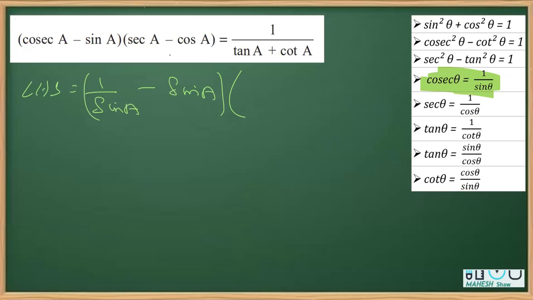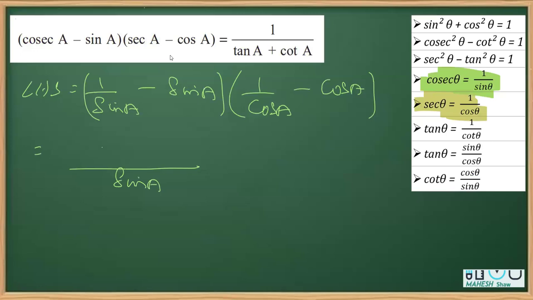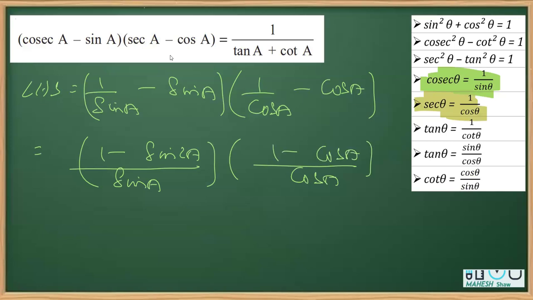And then sec A can be written as 1 by cos A, so I'll be writing this as (1 over cos A minus cos A). Now, I'm going to take LCM. Clearly the LCM is sine A here, and this will be (1 minus sine square A), and for the other, the LCM is cos A, and this will be (1 minus cos square A).